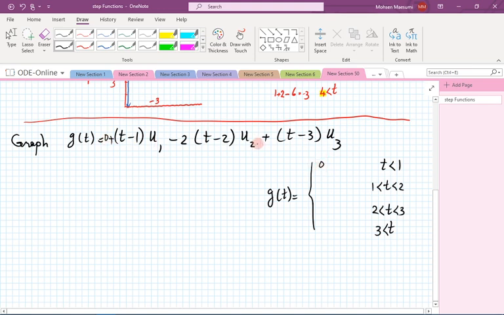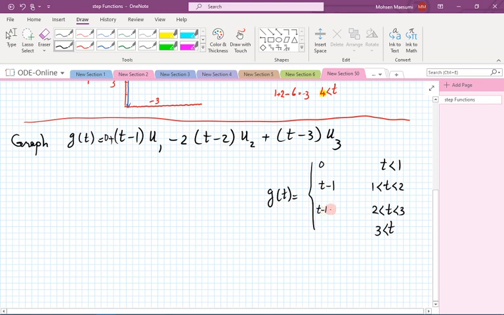Between 1 and 2 seconds, this one became active, but that one isn't. And of course, this one isn't. So this is the only thing that is going. So the value of the function is just t minus 1. Between 2 and 3 seconds, 2 switches are on. The first one brought in a voltage that is growing as t minus 1.